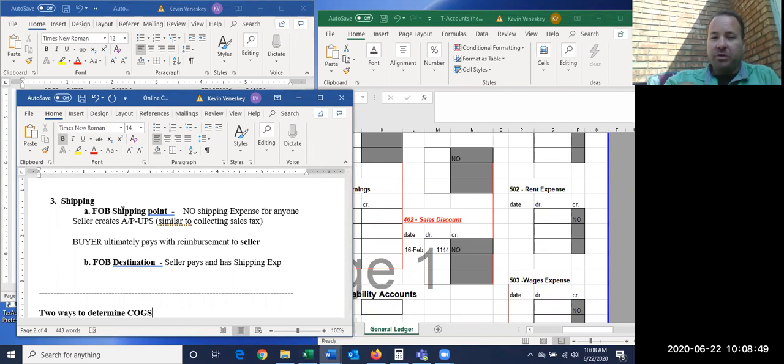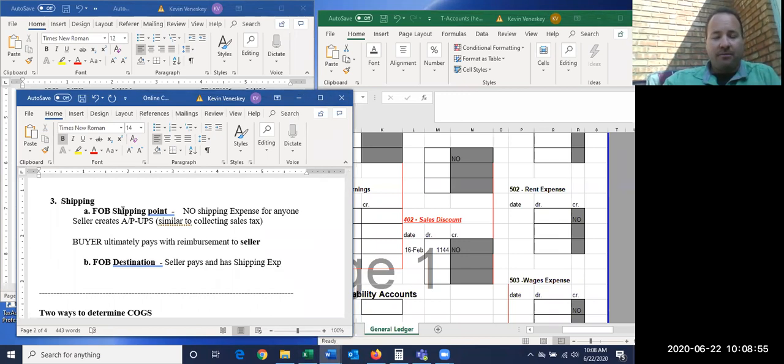The buyer includes it into their cost of the asset, and the seller simply adds it into the customer's bill, the amount that was paid to the shipper. When it's FOB destination, then we do have a shipping expense, and for the seller only. The buyer, when it's FOB destination, doesn't even know what the shipping cost is. It's not relevant to them.